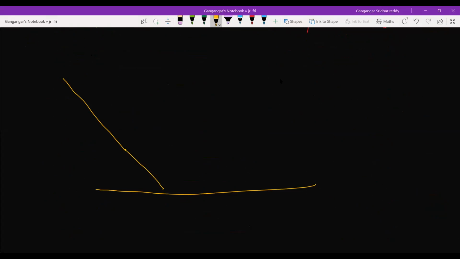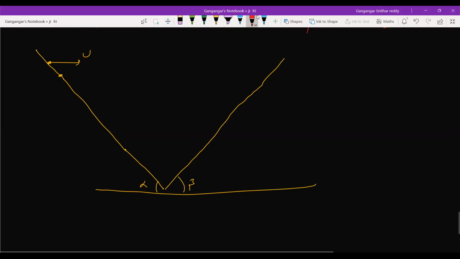Okay, now you see that one. The same problem can be asked in several ways. I'll project here horizontally. Let this be alpha, this beta, so that it will strike the other inclined plane, making some angle called theta, where theta should definitely be greater than 90.